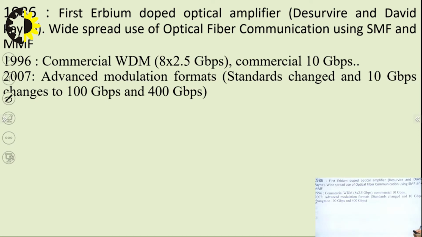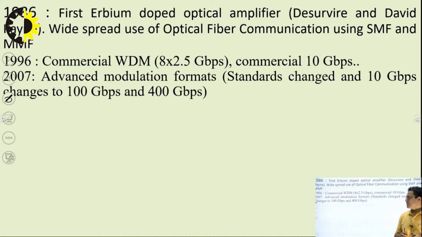It was a major breakthrough in optical fiber communication, because you need an amplifier to increase the strength of the signals, since some noise may be introduced in the signal while it is transmitting through the medium. This erbium-doped amplifier is used at 1550 nanometers, for single mode as well as multi-mode fiber, and it increases the strength of the optical signal transmitting inside the optical fiber.